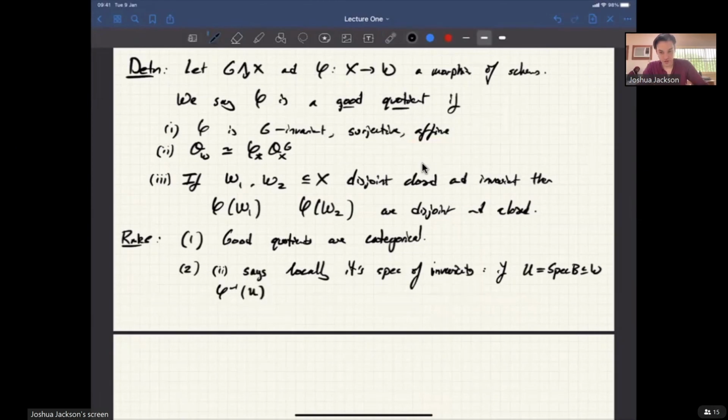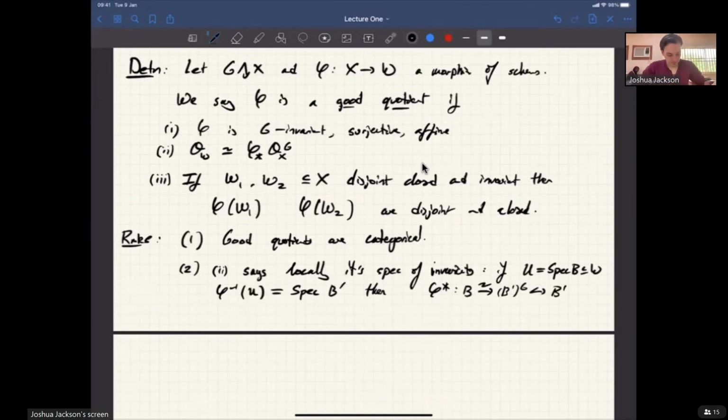So phi inverse of U is, let's say, spec of, let me call it B prime. Then if I take phi up star, B goes to B prime G invariants inside B prime, and this map is an isomorphism. So the quotient map identifies, if you like, locally the regular functions on the quotient with the invariant regular functions on the thing I wanted to quotient.